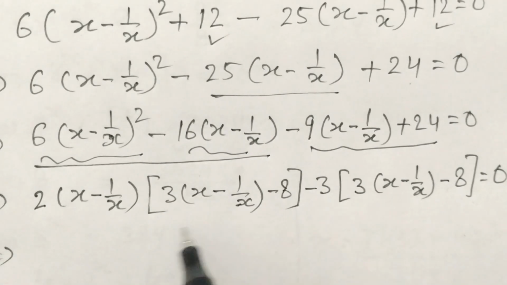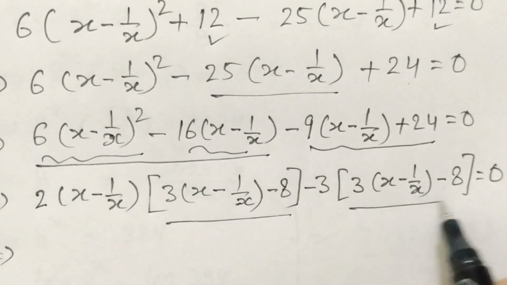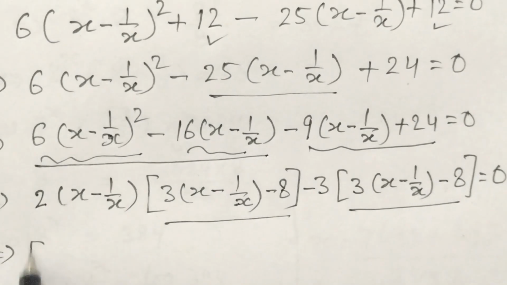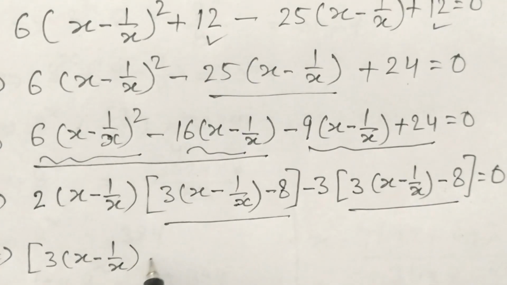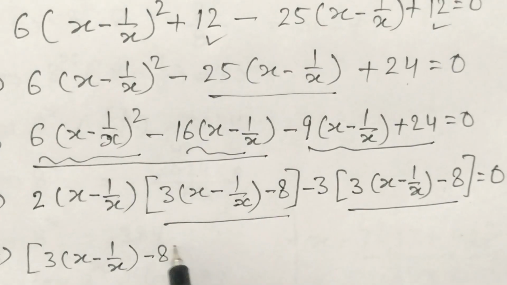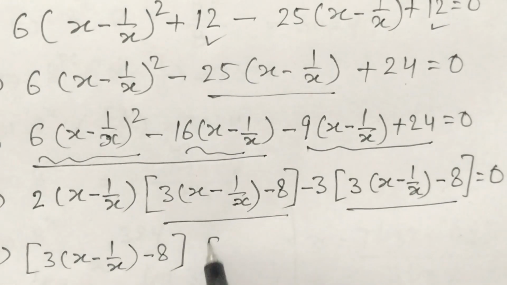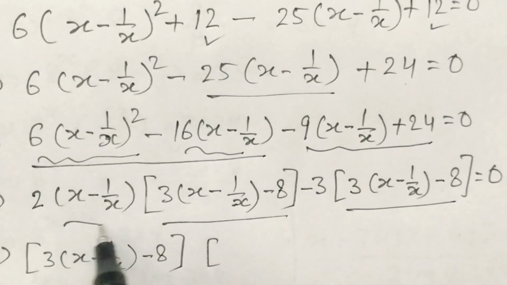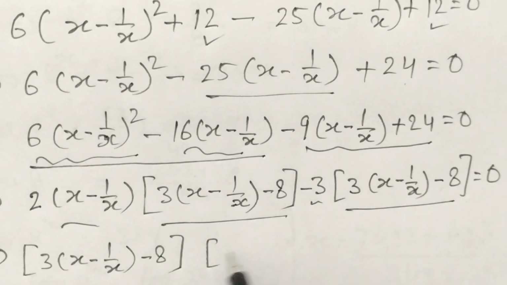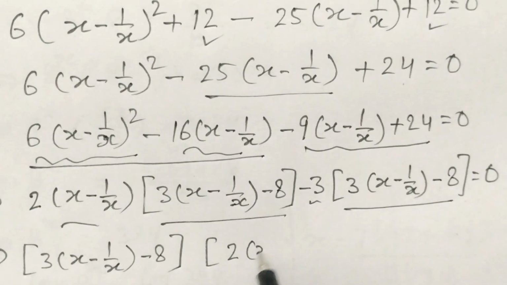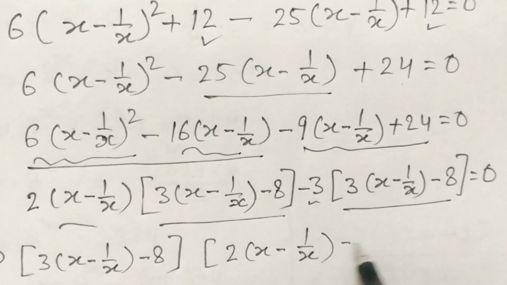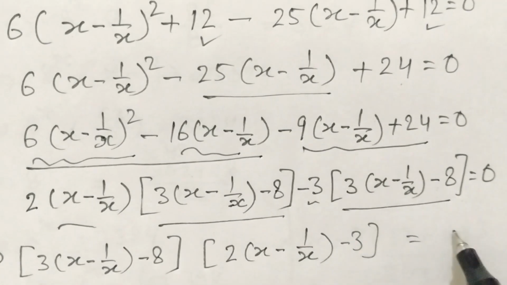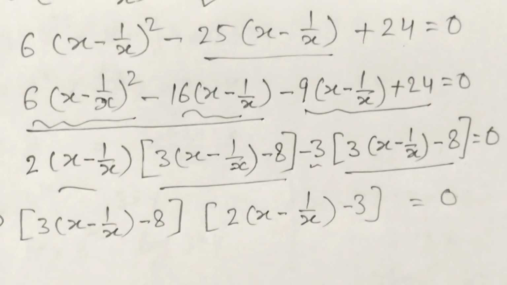So this and this as common, 3(x - 1/x) minus 8, right? So this and this, 2(x - 1/x) minus 3 is equal to 0, right?